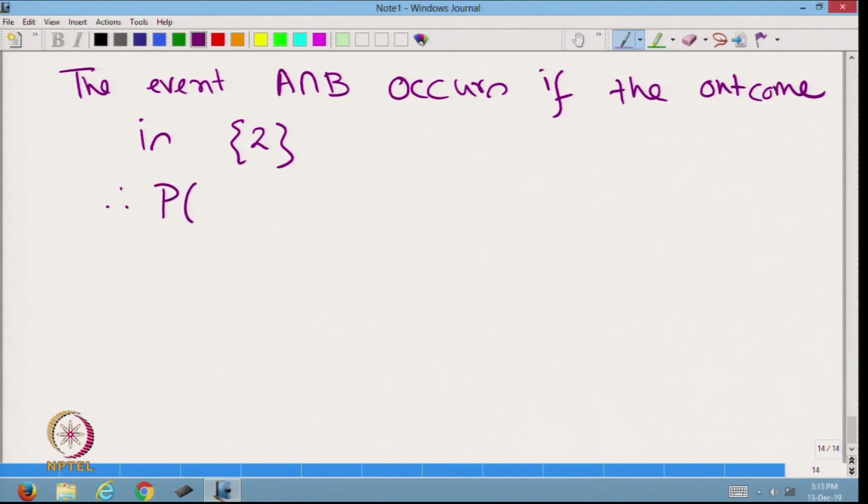Therefore, probability of A intersection B is equal to 1 by 6.